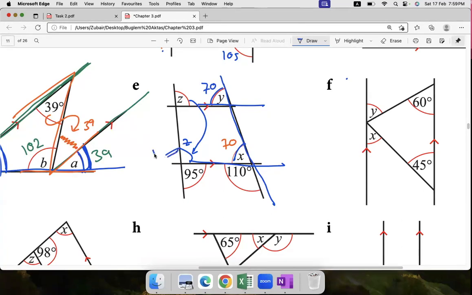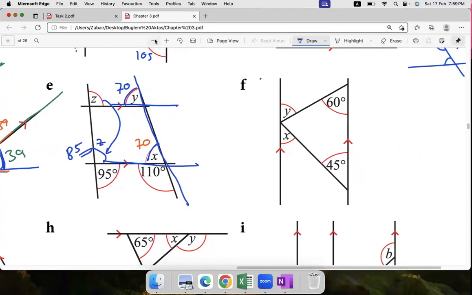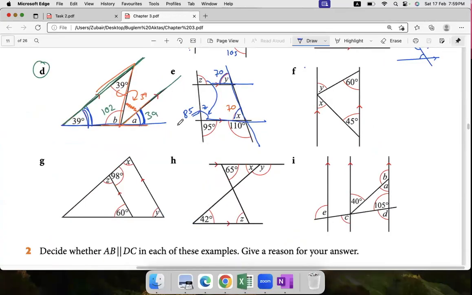And yes, Z is 85. Till now, we have not encountered those questions where we use the word bisector. Sometimes it would be given in the question, bisector. We just have to keep that in our mind. Bisector is they divide it into equal half.